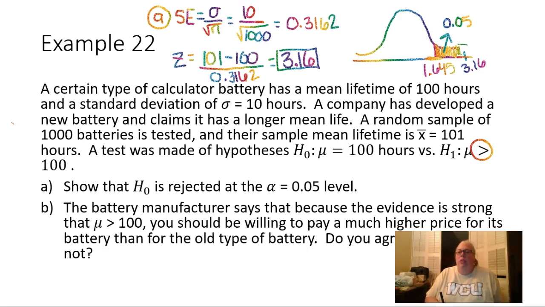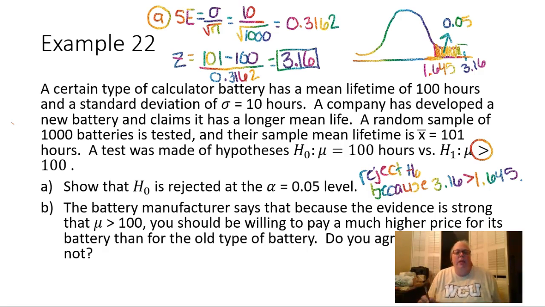Since it falls within our shaded area, we're going to reject the null hypothesis because 3.16, our test statistic, is greater than 1.645, our critical value.